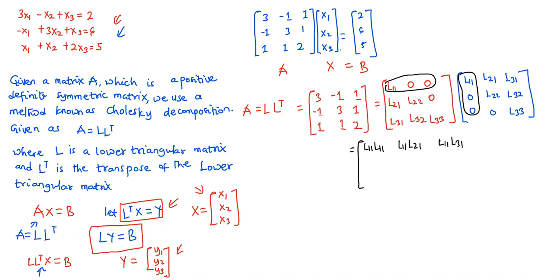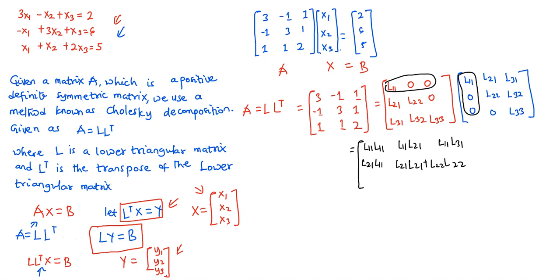So let's go to the next row. You're going to have row 2 column 1. So you're going to have L21 multiplying L11, plus L22 multiplying 0 plus 0 multiplying 0. And then for the next, you're going to have L21 multiplying L21, plus L22 multiplying L22 plus 0 multiplying 0.